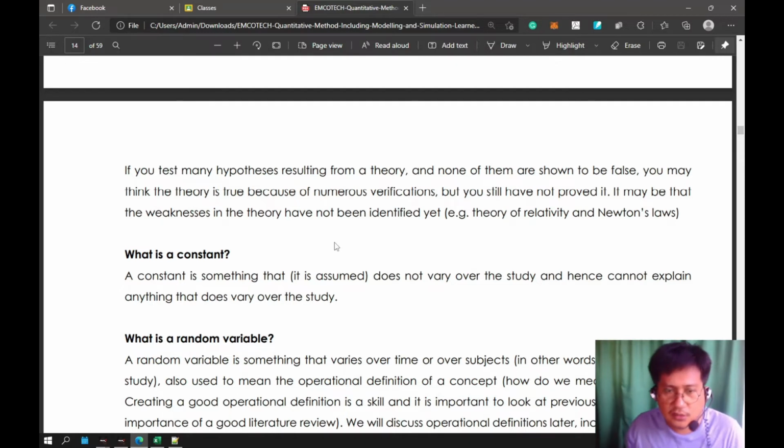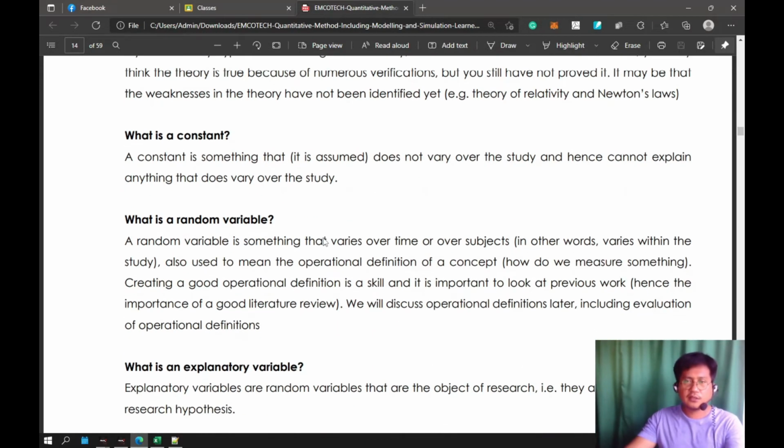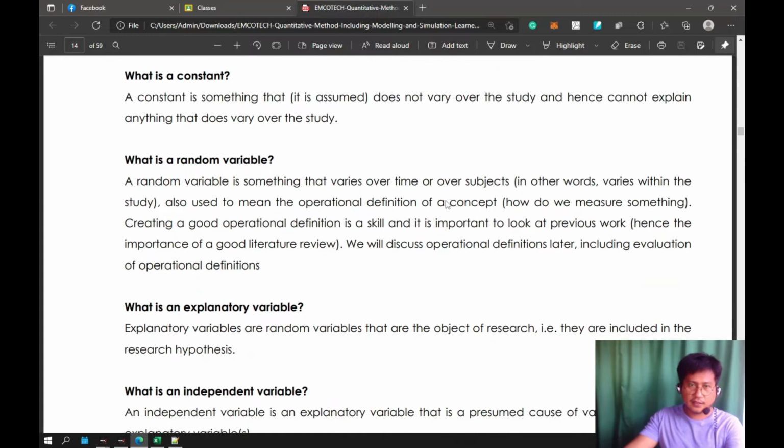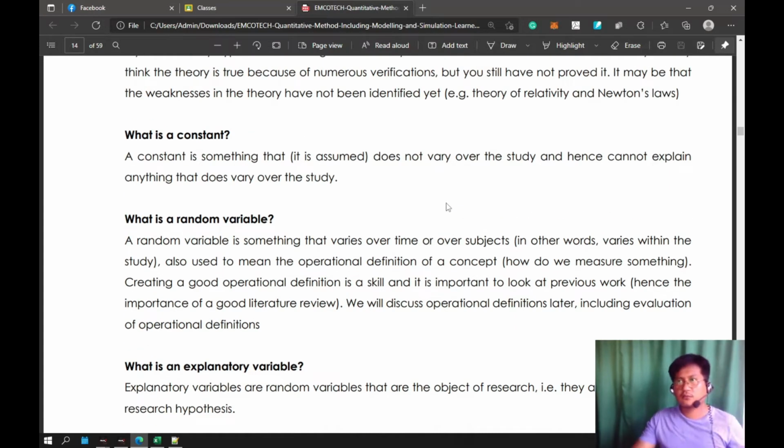So what is a constant? A constant is something that is assumed does not vary over the study, and hence cannot explain anything that does vary over the study. Constant, di nagbabago. That is a constant variable.